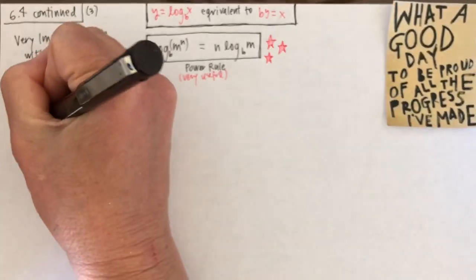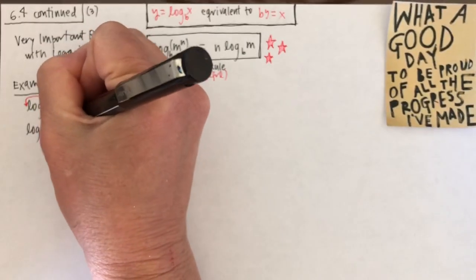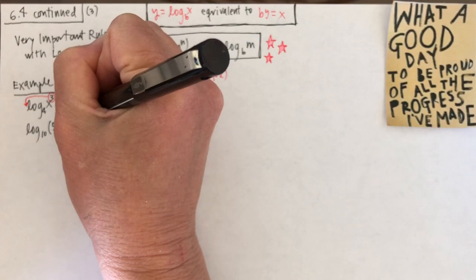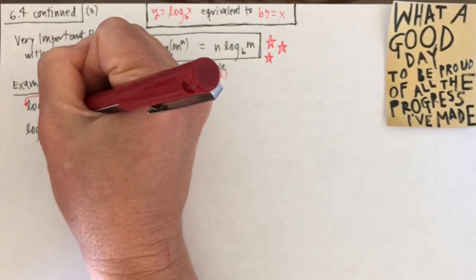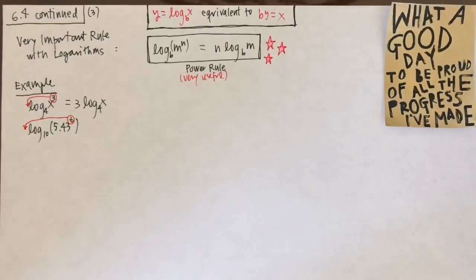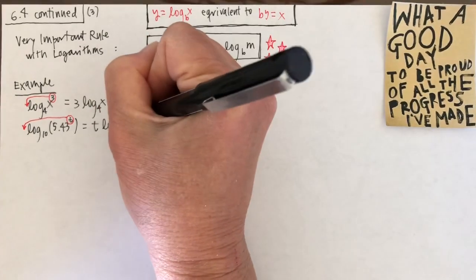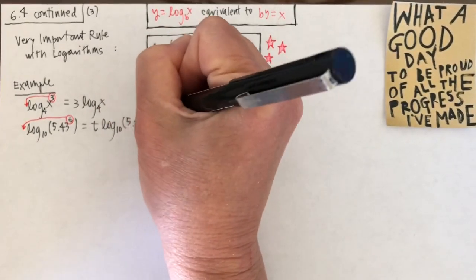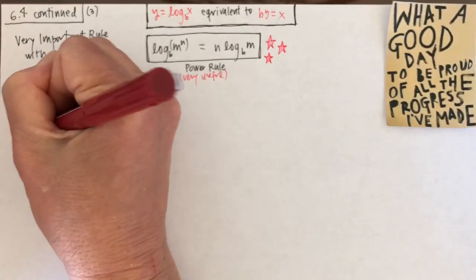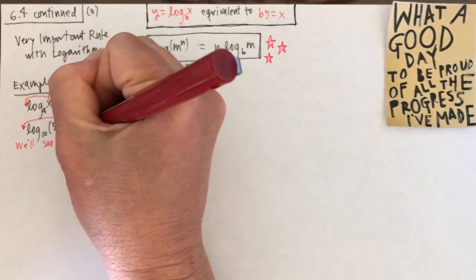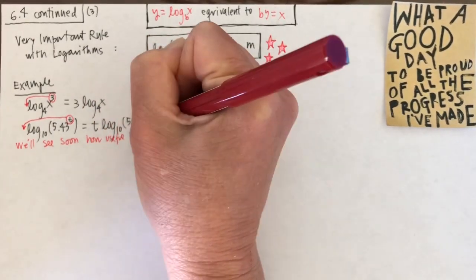Or if I had log to the base 10 of 5.43 to the t, this power can come out front and be multiplied, and it's equivalent to t times log to the base 10 of 5.43. And we'll see soon how useful this is.